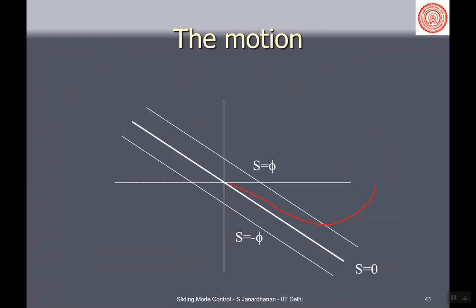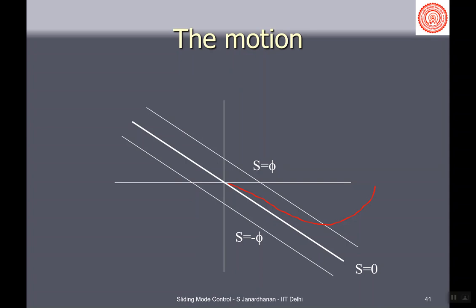Let's see why. Using the boundary layer technique, the motion becomes like this rather than like this. This has become very close to unachievable now, but the advantage is that chattering is reduced.